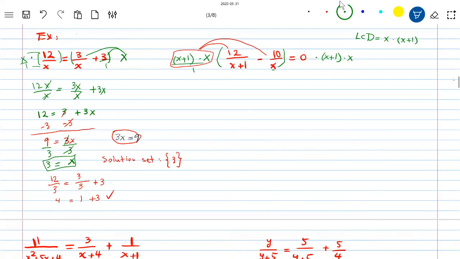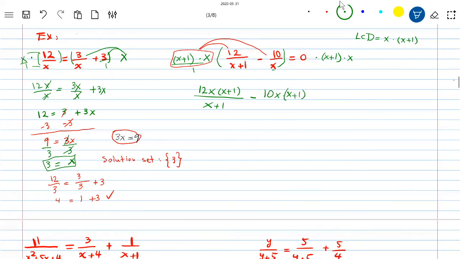12 times x times x plus 1 becomes 12x, x plus 1. I'm using the parentheses for x plus 1 still. Divided by, the denominator is still there, x plus 1 times x. Minus, if I multiply this guy, we'll get 10 times x times x plus 1.